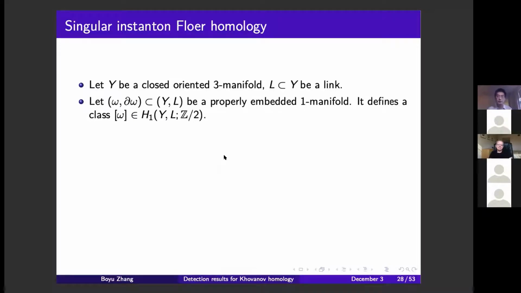And similar to the previous discussion, we need to choose auxiliary data. We need to choose an auxiliary data set that's represented by a properly embedded arc or one manifold in the pair (Y, L), so that we can avoid reducible connections in the later discussions.